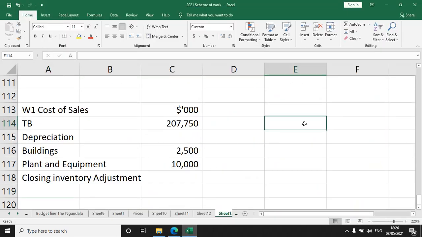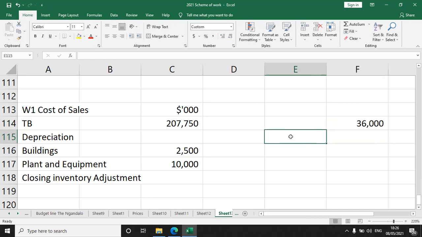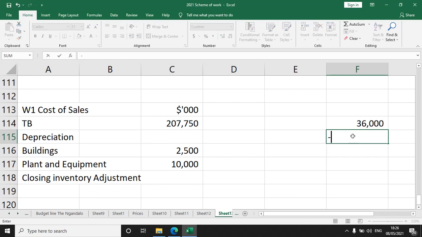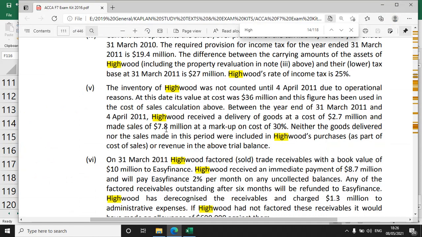So I'm going just to do a side working here to show you what I mean. The figure in the trial balance is that much, but the company bought inventory with 2.7, so that one you less, and they sold inventory that had a selling price of 7/8 at a markup of 30%. So we need to deflate this figure, bring it back to cost.